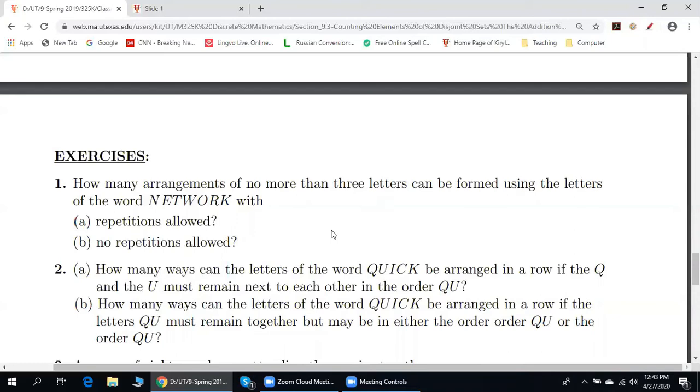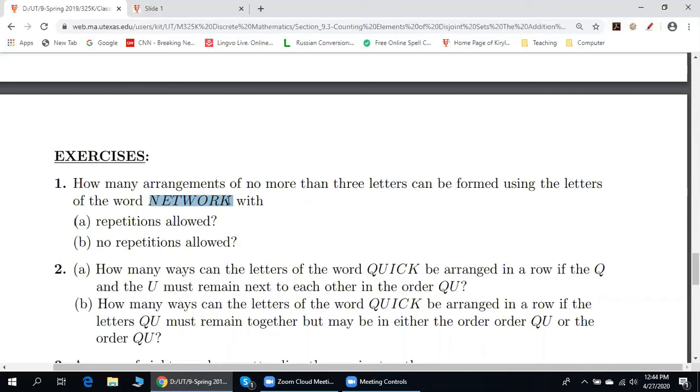Because in position number 1, we can use any of these 7 letters, but once 1 letter is taken, we can use only 6 remaining letters for position number 2. And by the multiplication rule, 7 times 6.